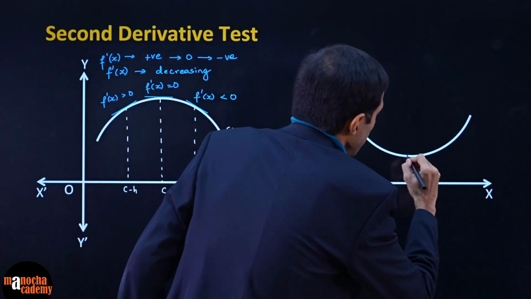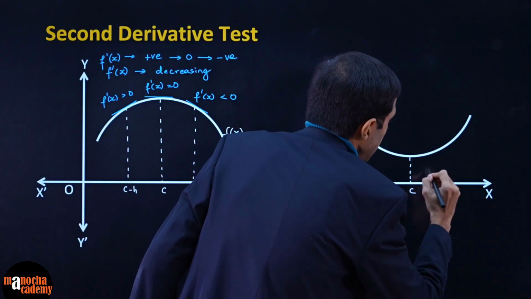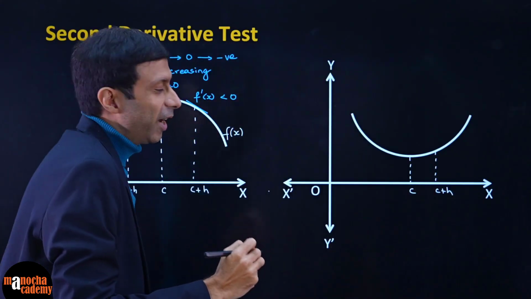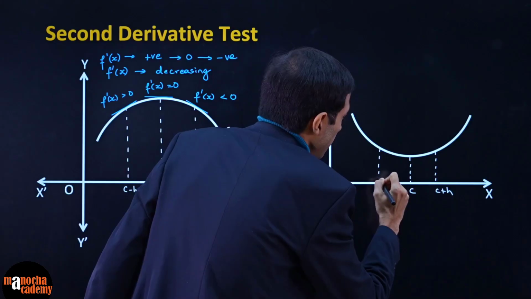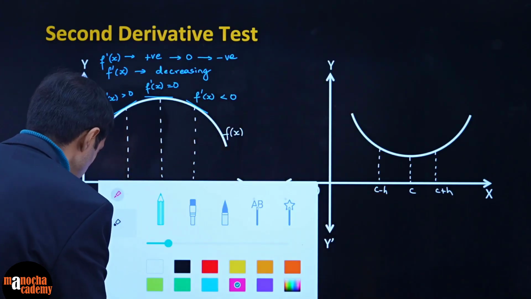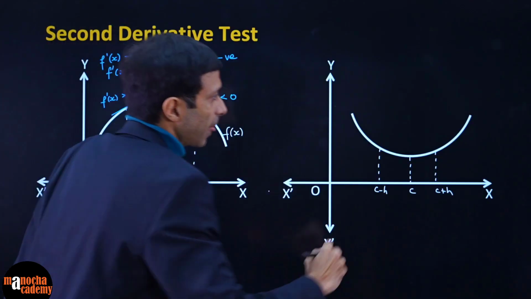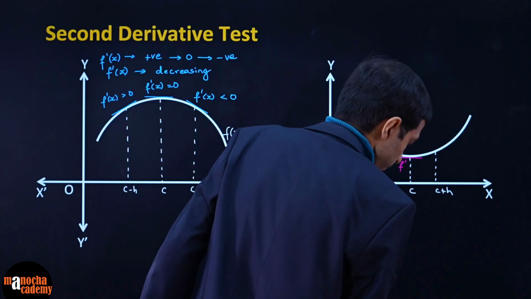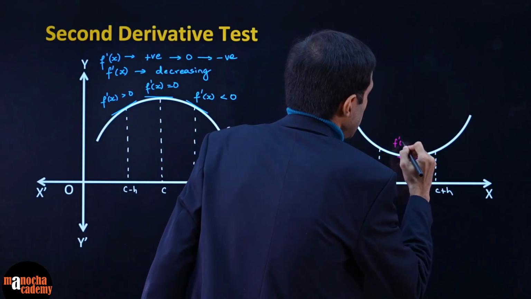For the minima case, which is right here, let's say at C, again we'll look in its neighborhood, like the friendly neighborhood Spider-Man, C plus h and C minus h. Now you tell me, what is the trend of f'(x) once again? f'(x) is 0 here.